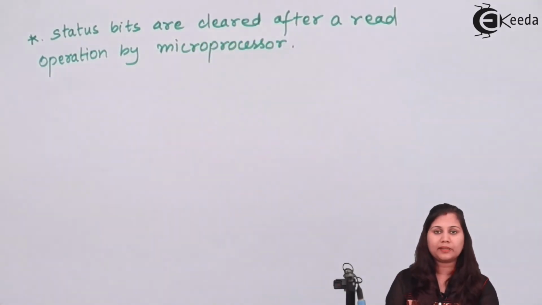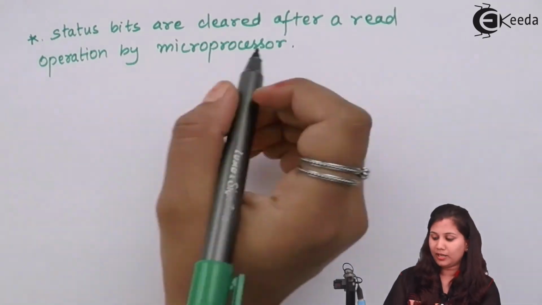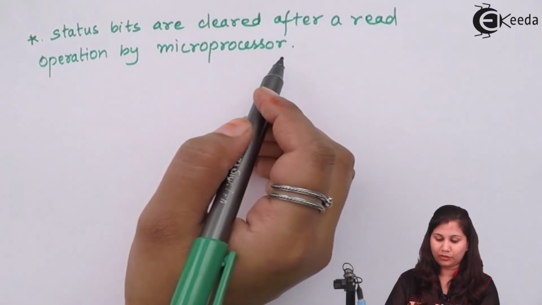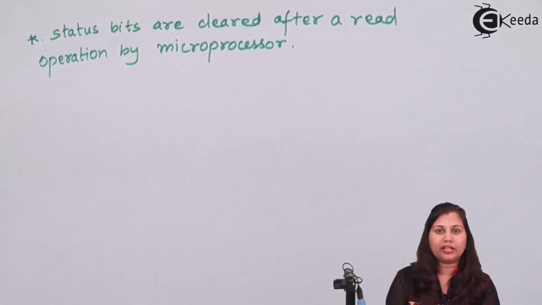The status bits are cleared after a read operation performed by the microprocessor.